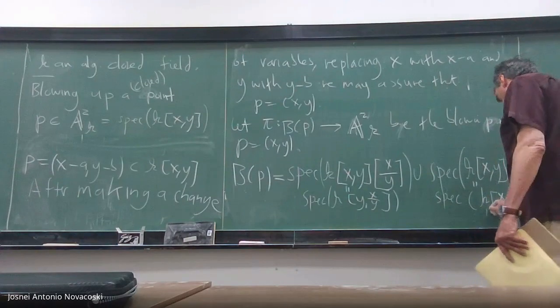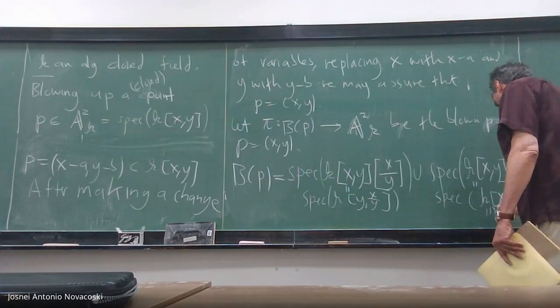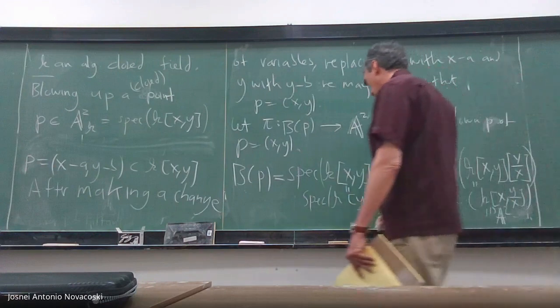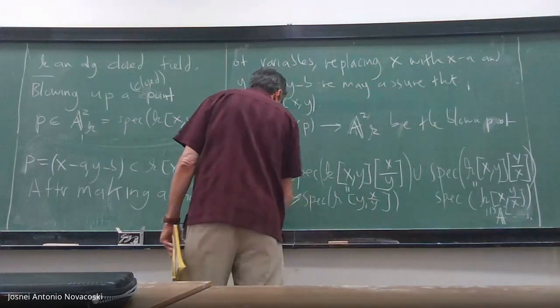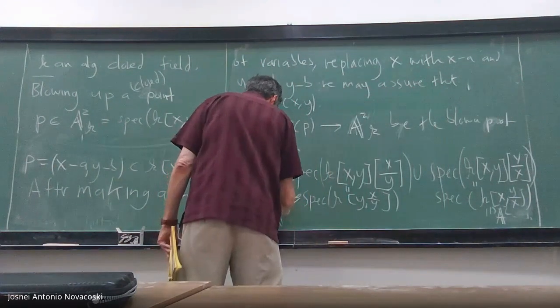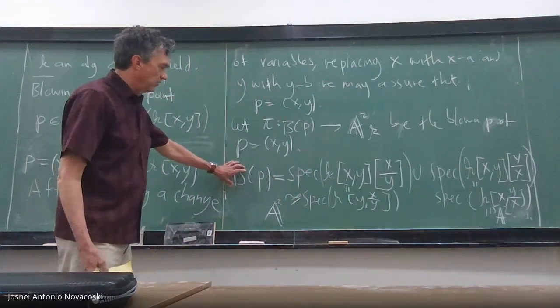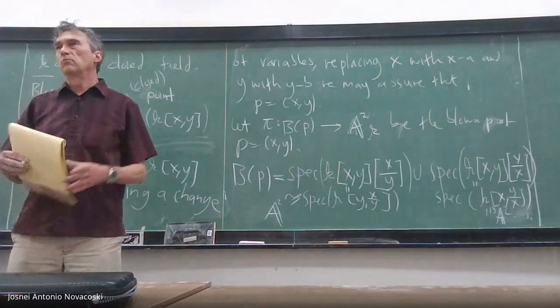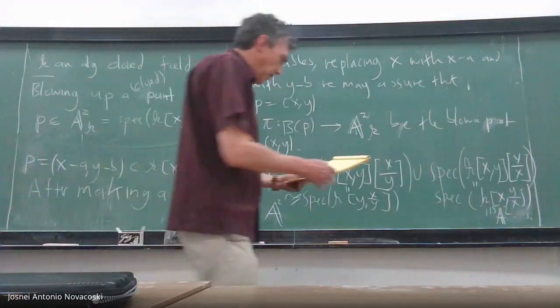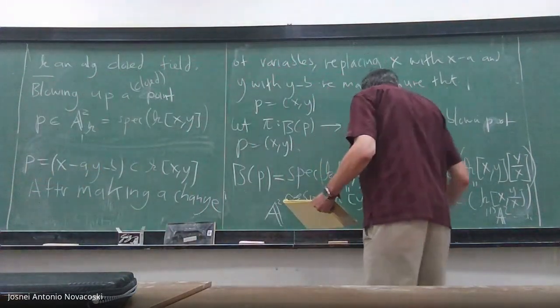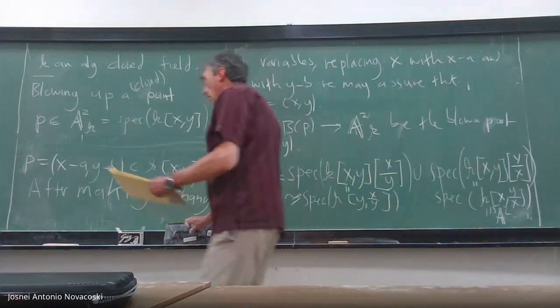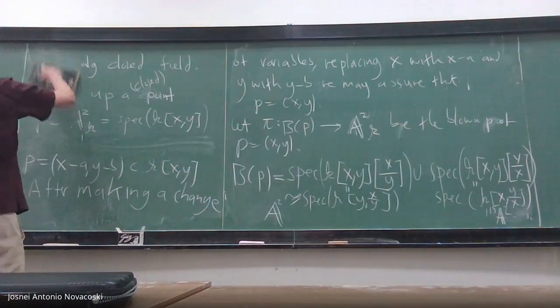So you see this is just isomorphic to A^2, and this is isomorphic to A^2. So somehow when you blow this thing up, you end up getting something which is covered by two planes. Let's analyze it a little further.